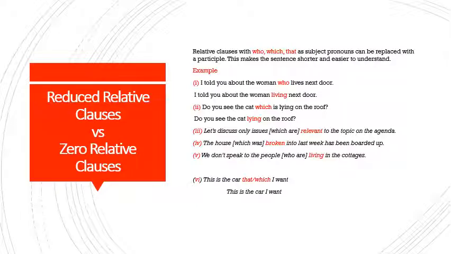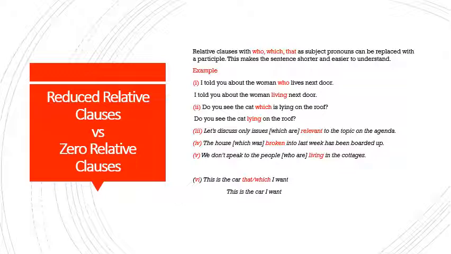This is referred to as the reduced relative clause. This type of relative clause, which lacks a relative adverb or pronoun, is called reduced. And I think you understand now why we call it reduced, because it doesn't have a relative pronoun.